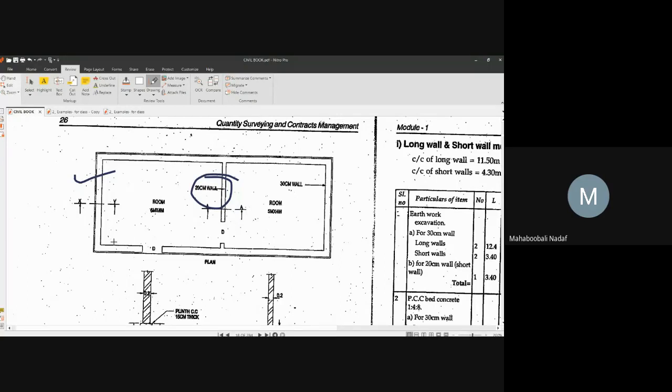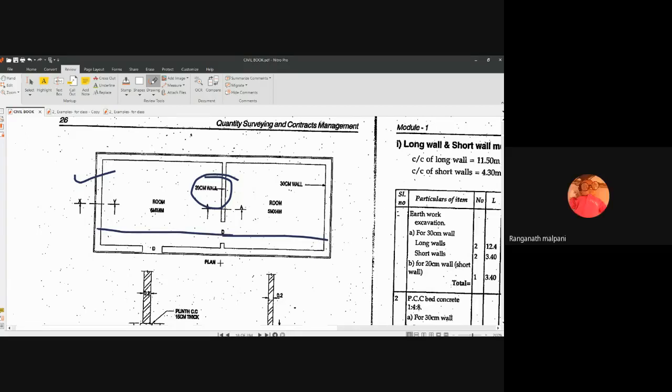So for the total 30 centimeter wall, outer to outer, how much? 31.60, sir. Correct. See here, this side 0.23 plus 6 plus 0.2 plus 5 plus 0.23 by 2.